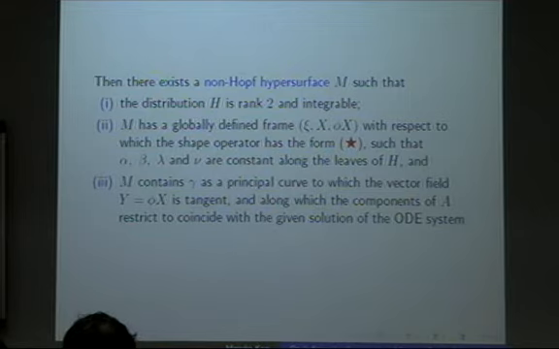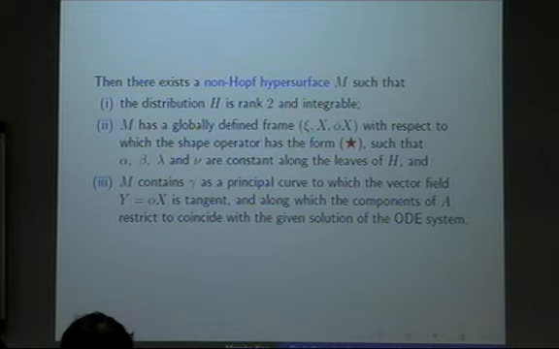And alpha, beta, lambda, and nu are constant along the leaves of H. And M contains gamma as a principal curve to which the vector field Y is tangent, and along which the components of A restricted to H coincide with the given solution of the ODE system.